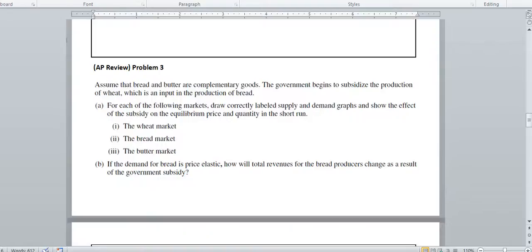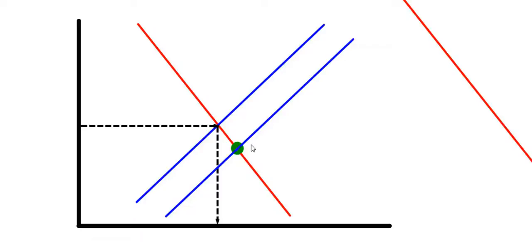The second one is, what's going to happen to the bread market? Well, in the bread market, since the cost of supplying wheat has gone down, we've shown that here, and that's going to make the cost of supplying bread, a product that uses wheat as one of its major inputs, also cause your supply curve to shift, as you can see down.